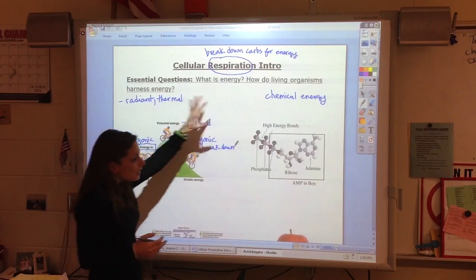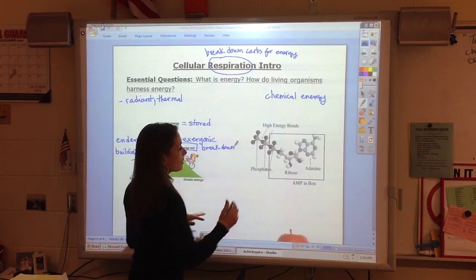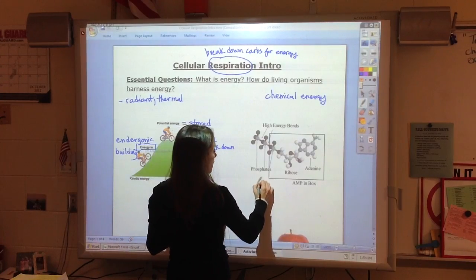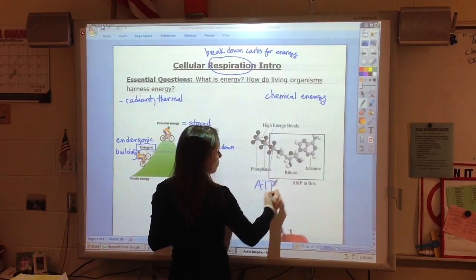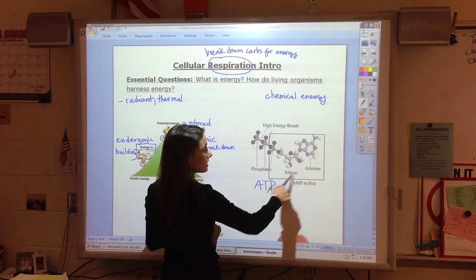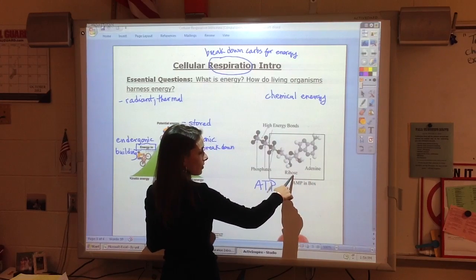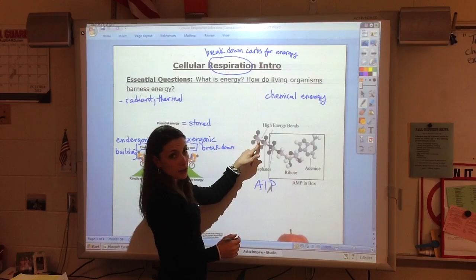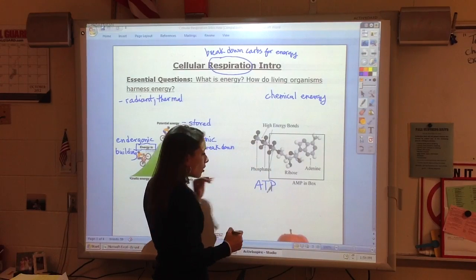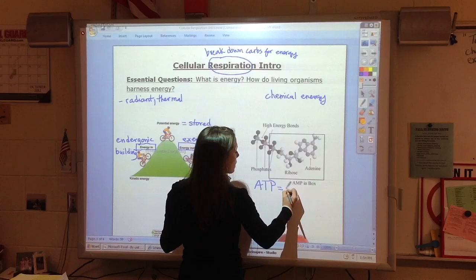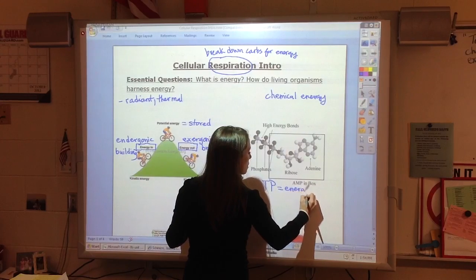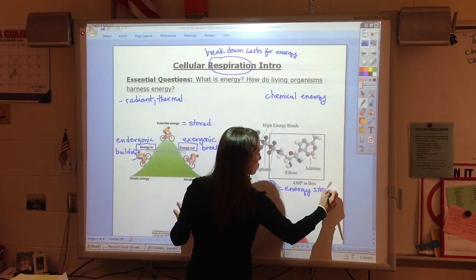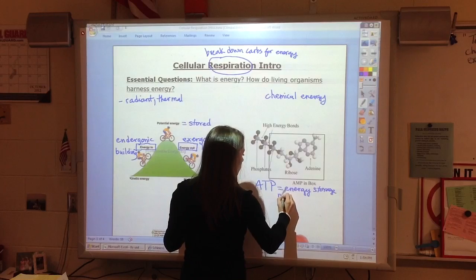So when we look at living organisms, all living organisms actually use ATP, which is adenosine: adenine and ribose gives us adenosine triphosphate. All organisms use ATP as their energy storage molecule.